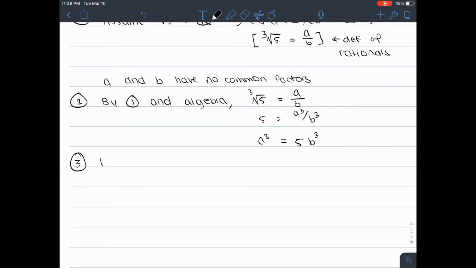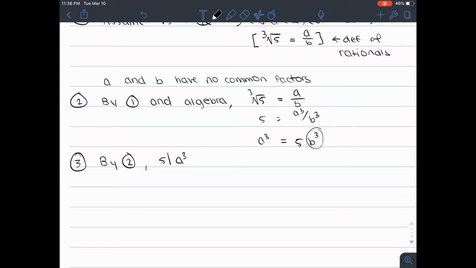Taking the algebra from step 2, we show that 5 divides A cubed. This is because B is defined as an integer, and thus under closure of multiplication of integers, B cubed is also an integer.